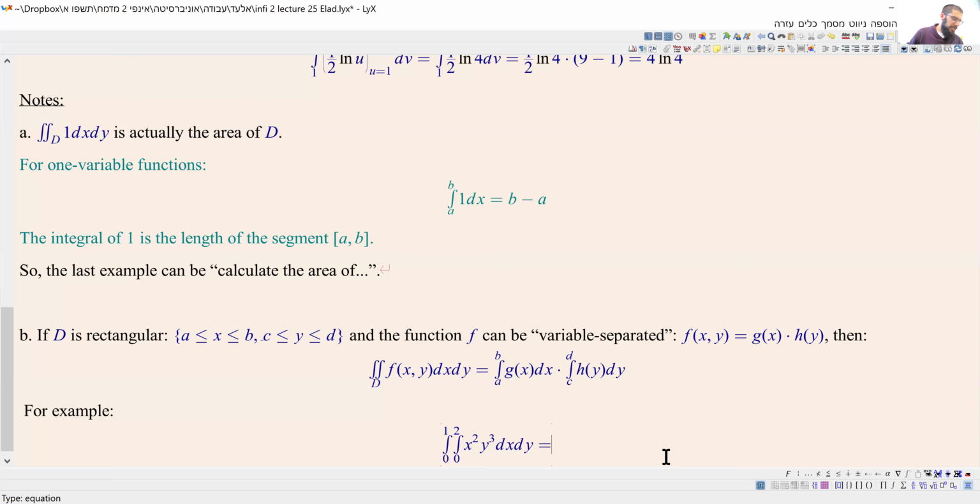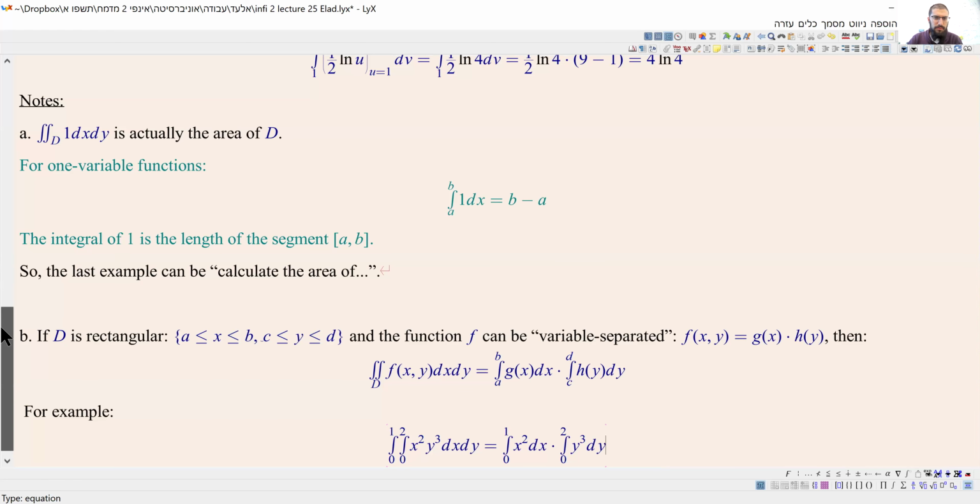You can write it as x squared multiplied by y cubed, so it is the integral between 0 and 1 of x squared multiplied by the integral between 0 and 2 of y cubed, whatever this integral is.